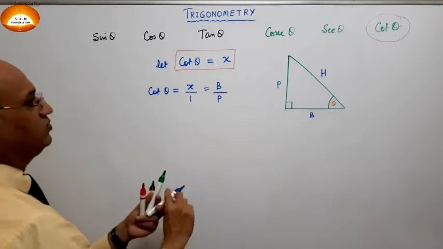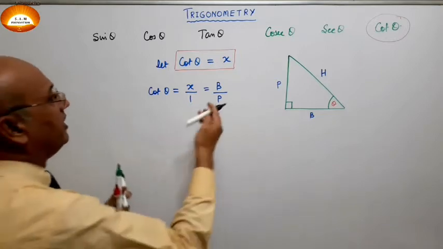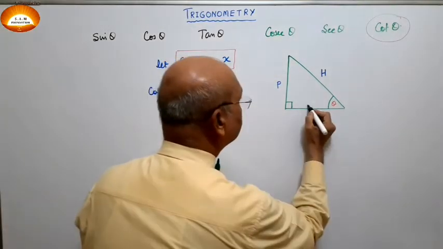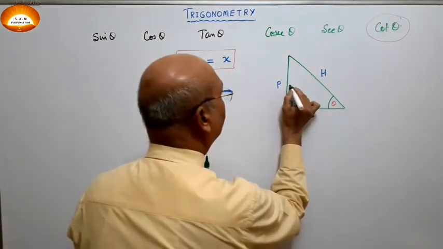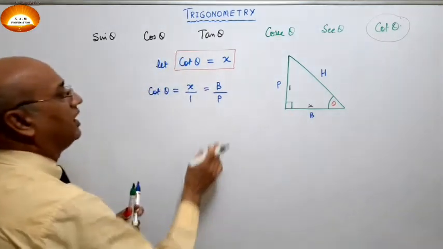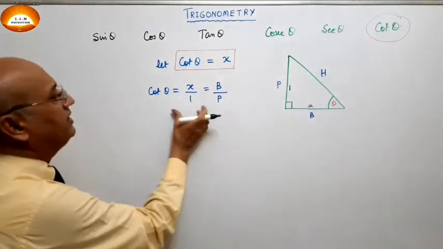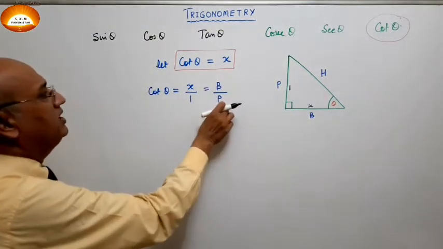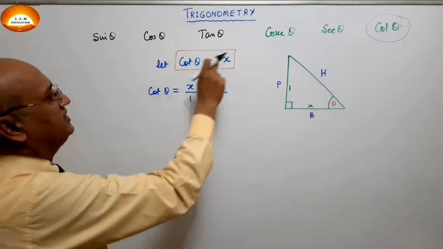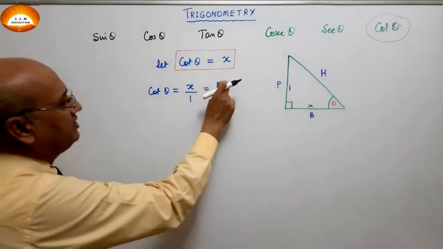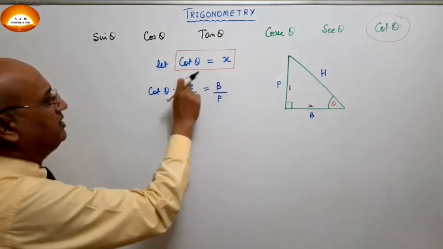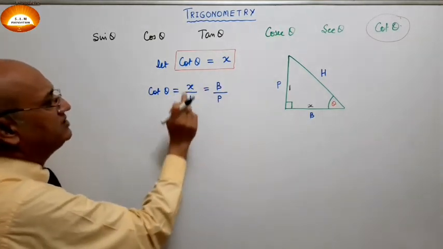So I am going to write here base as x and perpendicular as 1. How have I done this? Just by comparing these two. Cot ratio is base upon perpendicular. I have supposed cot theta is x, x can be written as x upon 1, and cot theta again I have written as base upon perpendicular, so base will be x and perpendicular is 1.